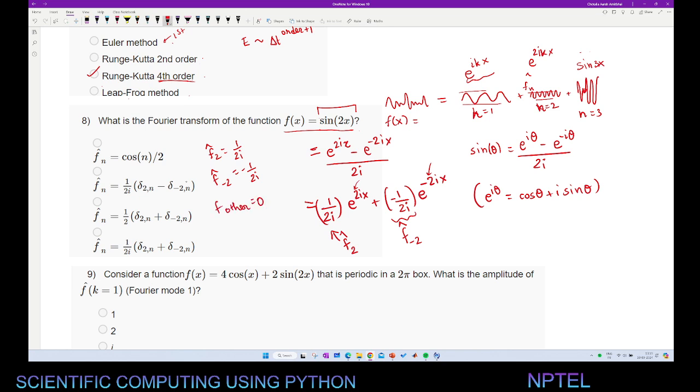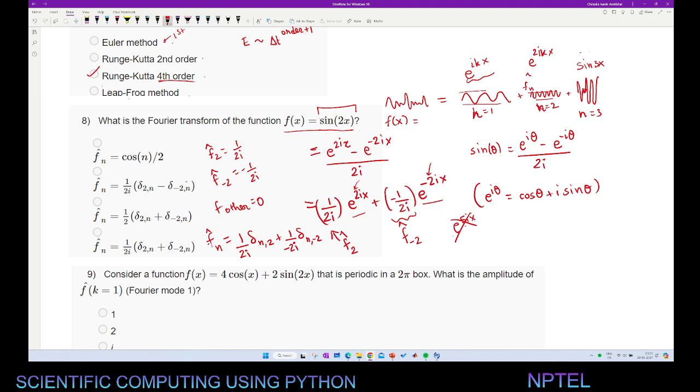Because there is no e to the power 5ix term, right? If there was, then f5 would be non-zero. But there are no such terms. There are only two terms, which means we can write in shortened notation fn is some delta n comma 2. So when n is equal to 2, it will be 1 by 2i, and when n is equal to minus 2, it is 1 by minus 2i.